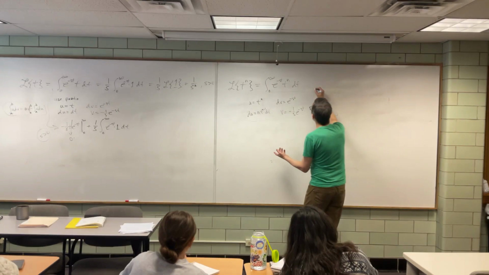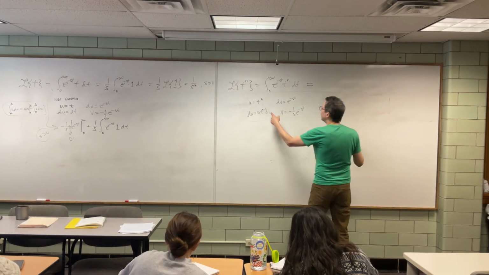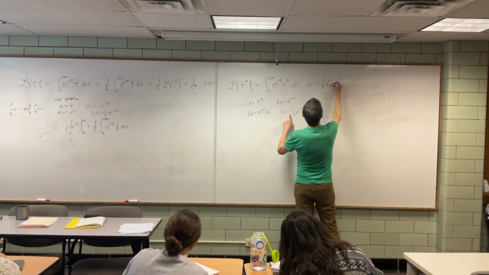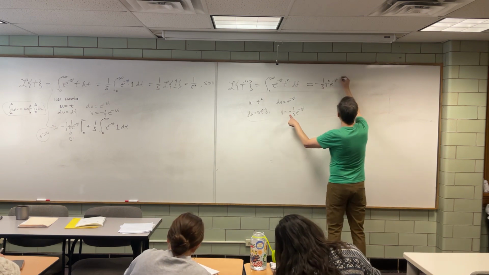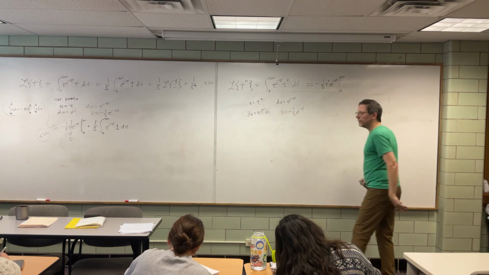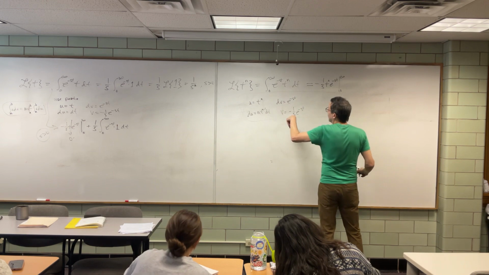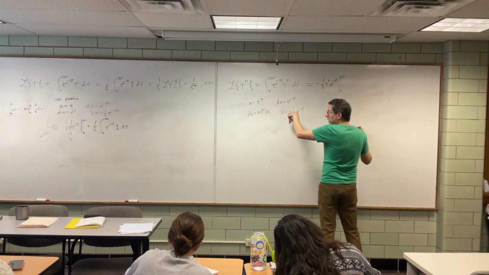And this turns into then, using those parts, u times v from 0 to infinity, minus integral v du. Look, it's a little different now.